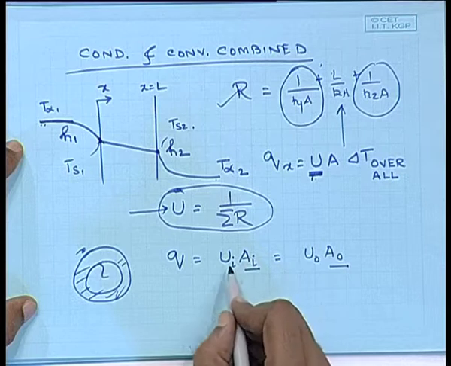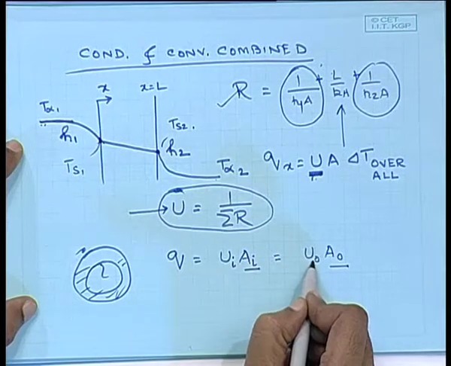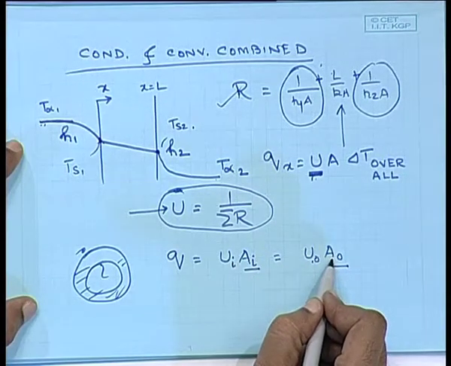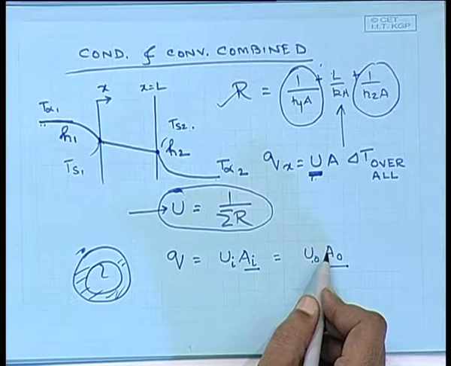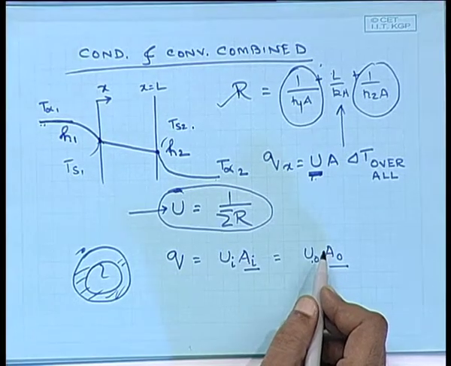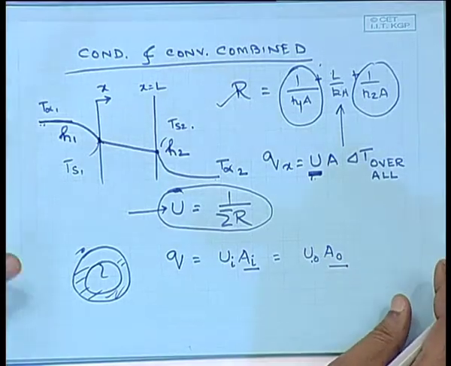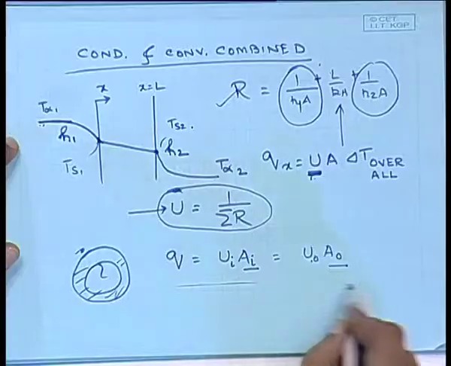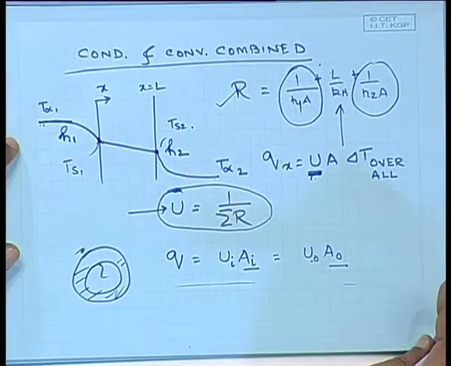But no matter what, your UiAi should be equal to U0A0. So, for these kinds of systems, you have to define some sort of standardized resistances. Since these things are going to vary, it is customary to express overall heat transfer coefficient based on either internal area of the pipe or external area of the pipe.